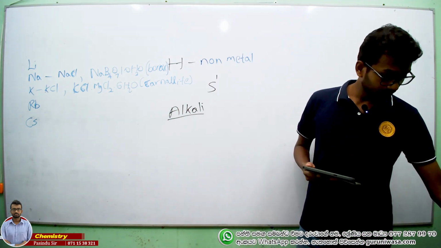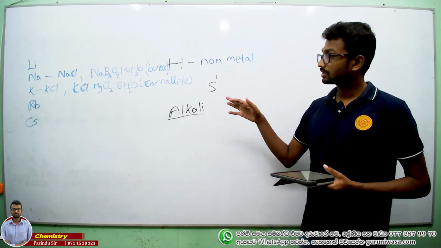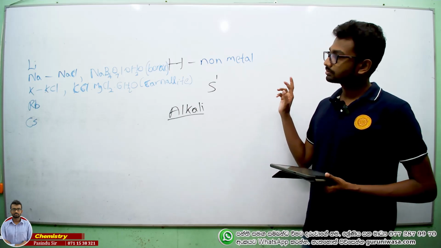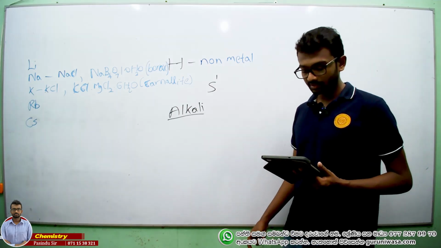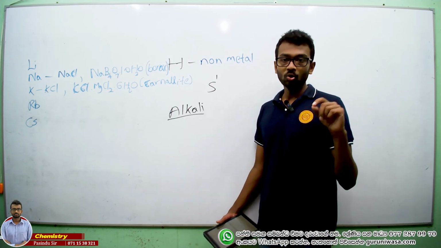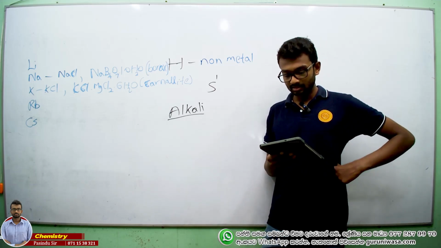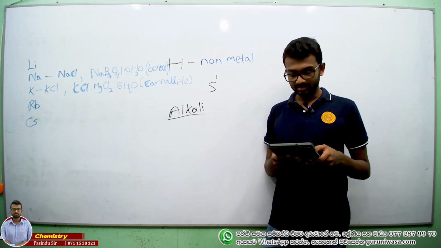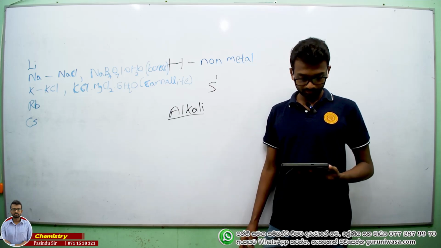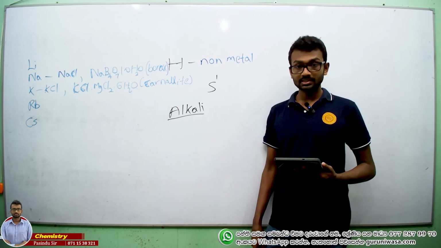Okay, let's write down a little bit. The topic is group 1 elements. First point: all group 1 elements are metals except hydrogen.